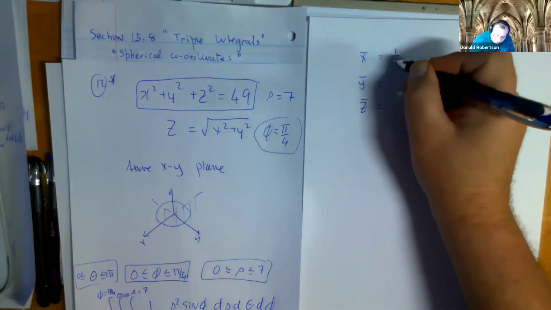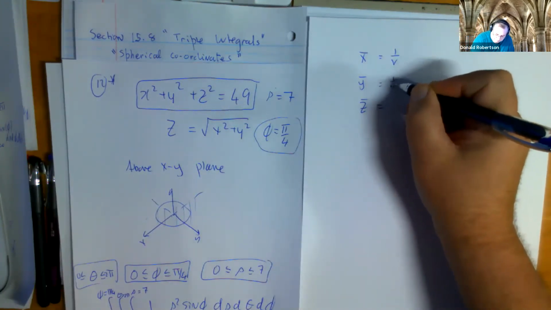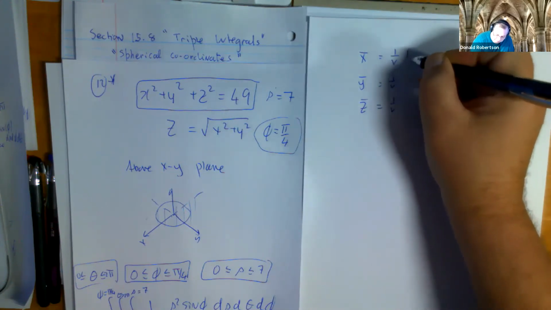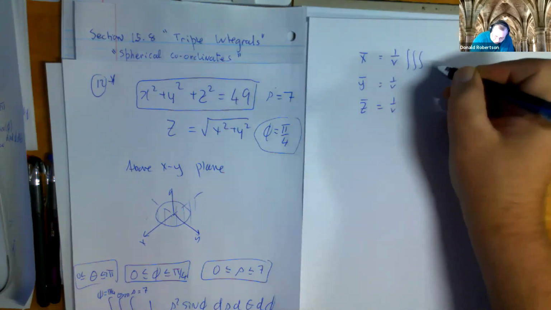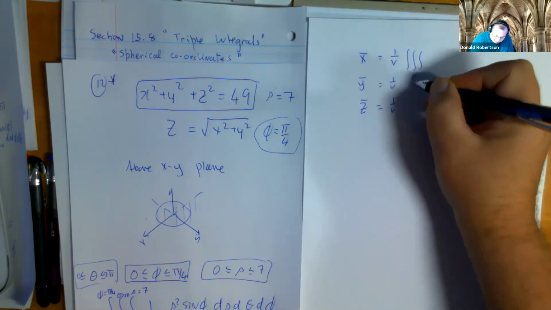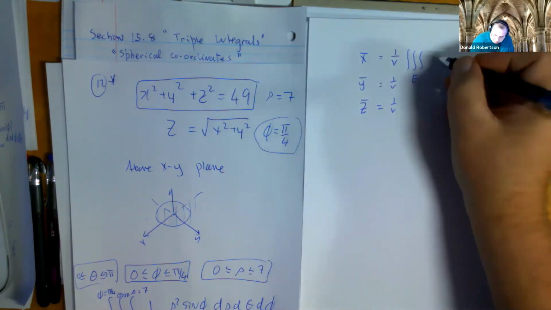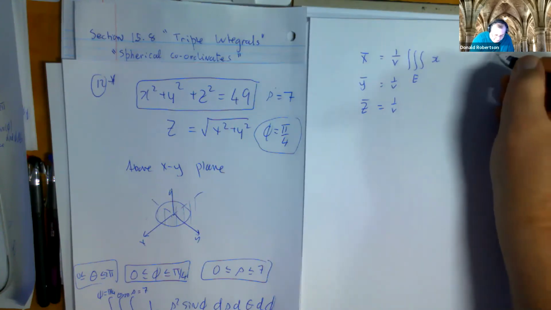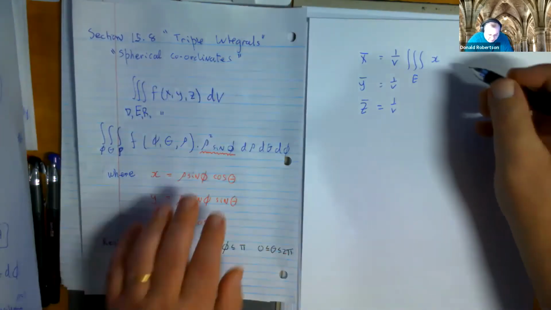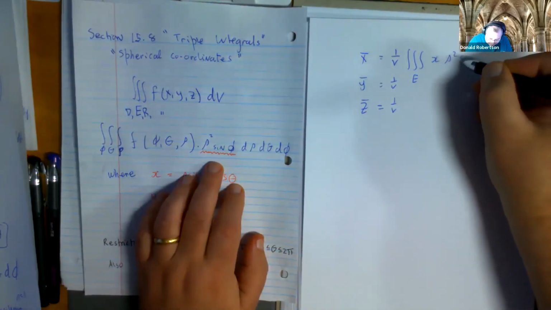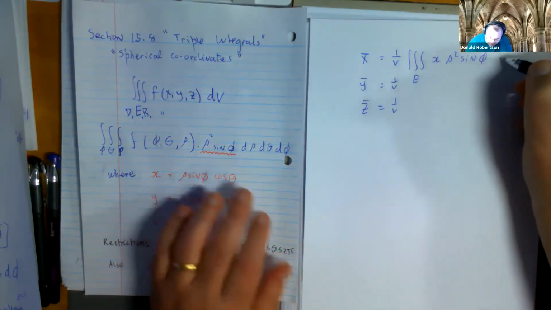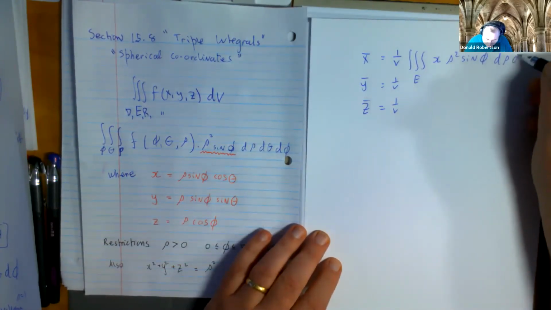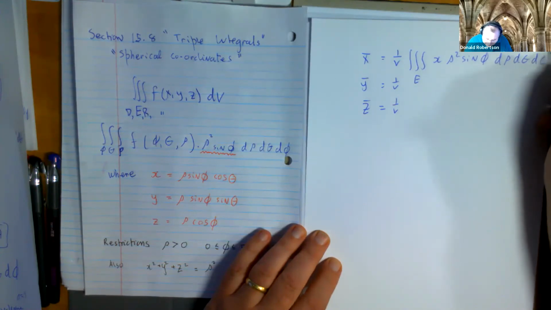Well, it'd be 1 over the mass of the volume. This fella would be the triple integral of that region that we just described, so I'm calling it E. When you stick an X in there, and then you'd have your rho squared sine phi d rho d theta d phi.